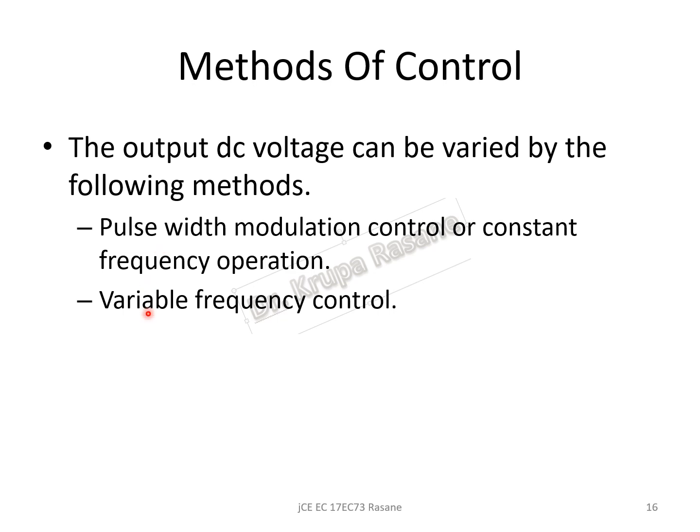If I change T on, T off is also going to vary, but the time period has to be fixed. Whereas in variable frequency control, you can change the period T by keeping either T on or T off fixed.